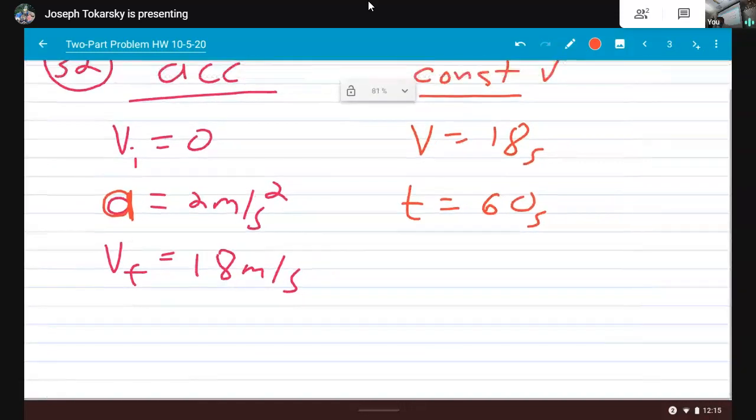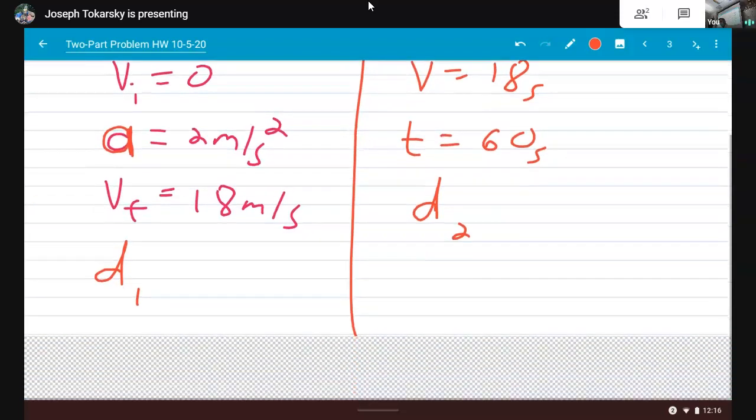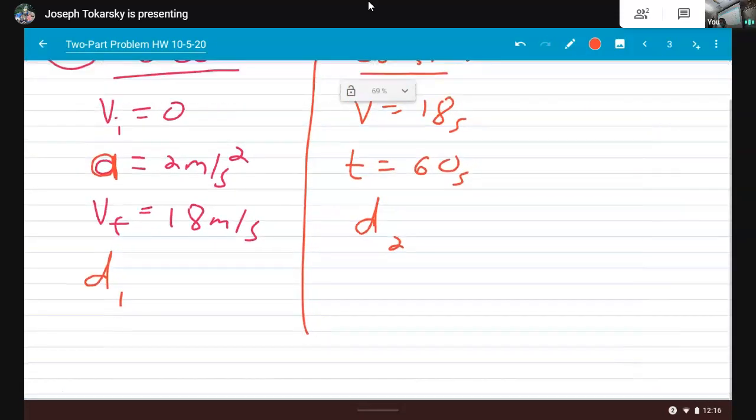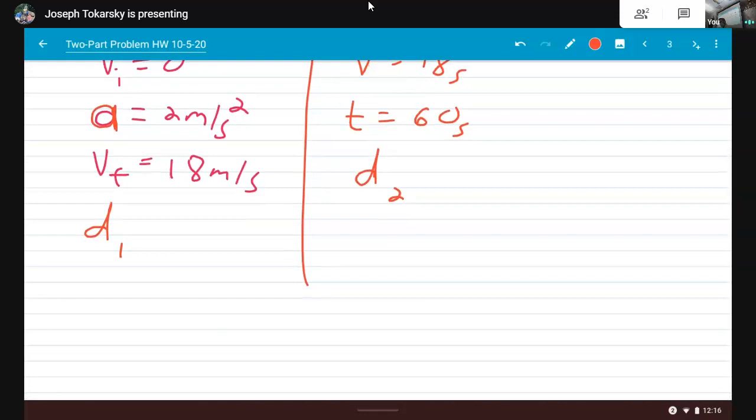Okay, so same thing. We want the total distance, or how far total have you gone since you left the hilltop. I'd be finding each of those D's. So we'll call this one D1 and this one D2 and solve. It looks like the only equation that doesn't have time in it is what we would need for the first part. That would be VF squared equals VI squared plus 2AD.